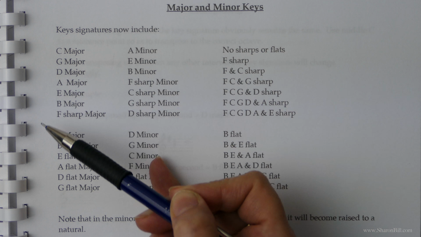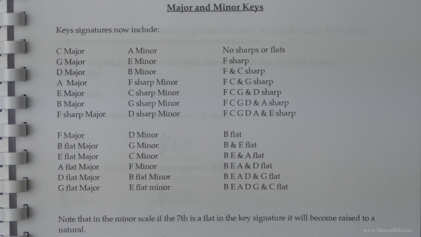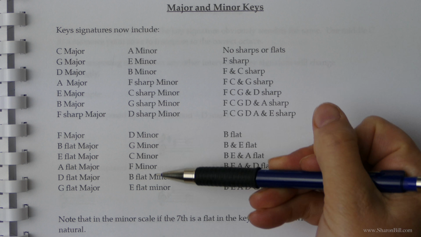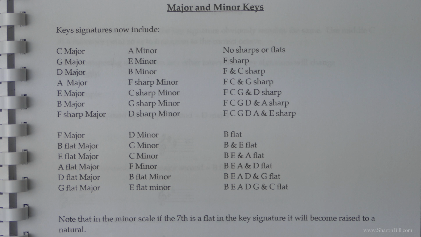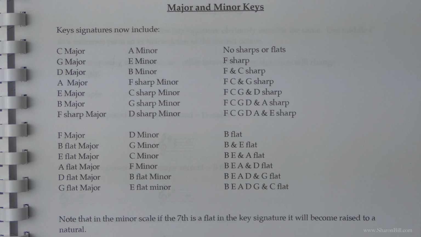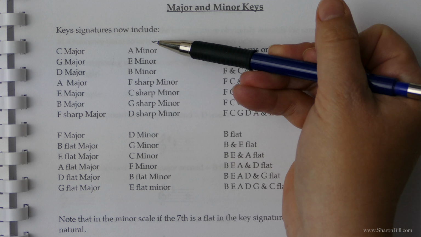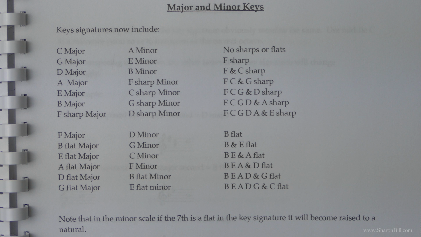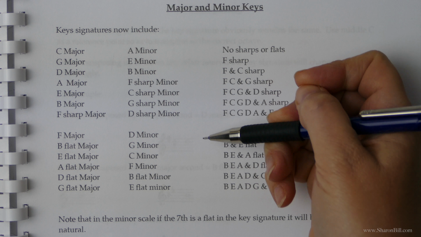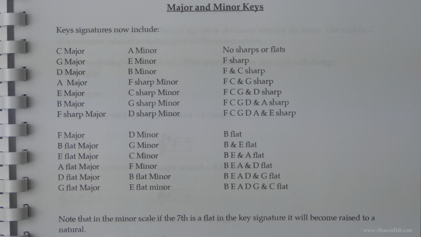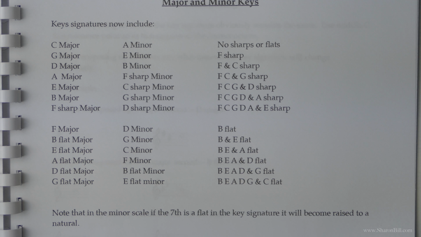Every time you start to work on something to do with major or minor keys, just write this out straight away, fresh each time, and that way you get used to doing this quickly, and by the time it comes to the exam you can already sketch this out without any trouble. It's here for your reference at the moment, but do get used to working that out for yourself.